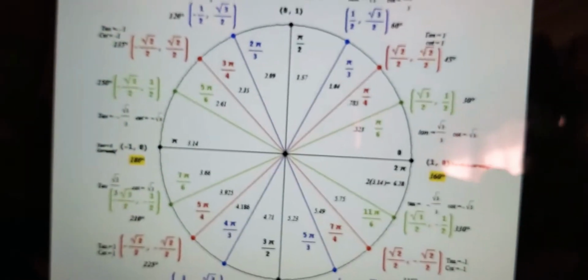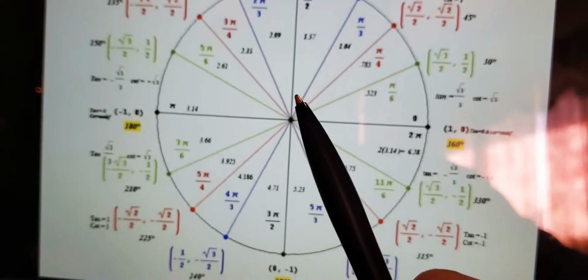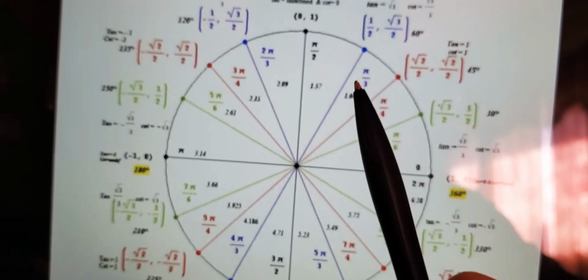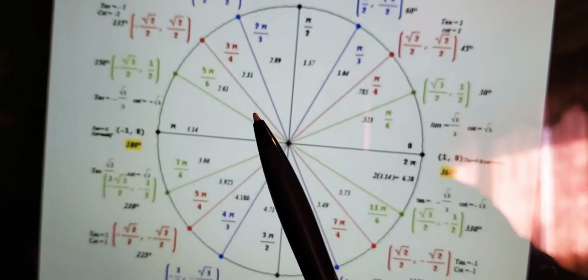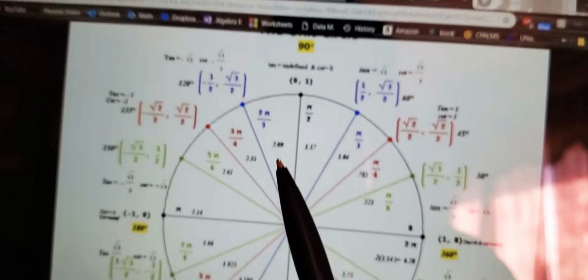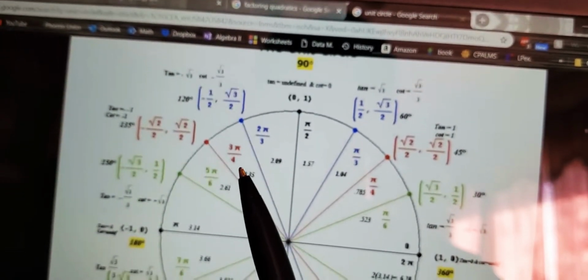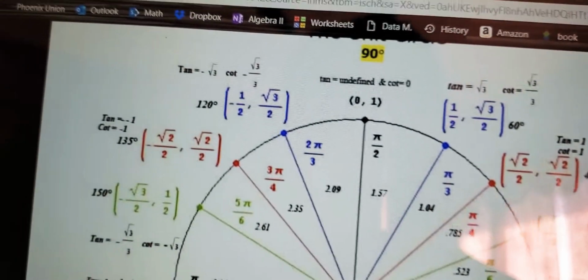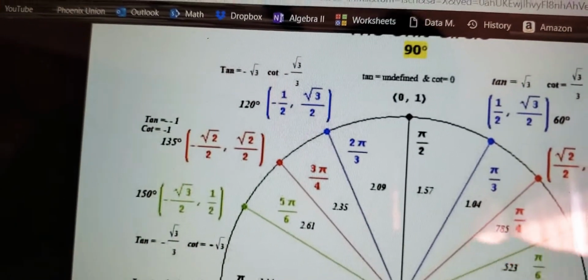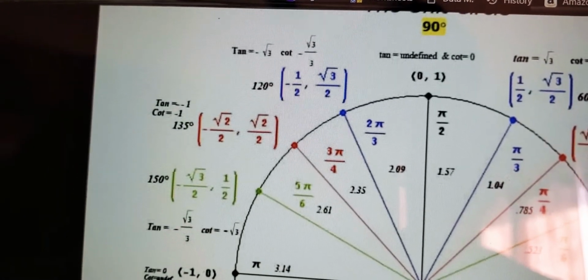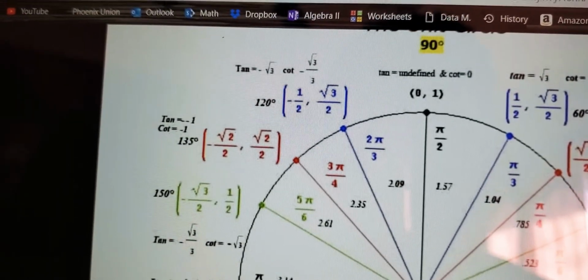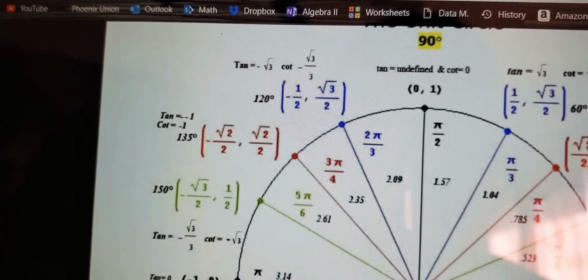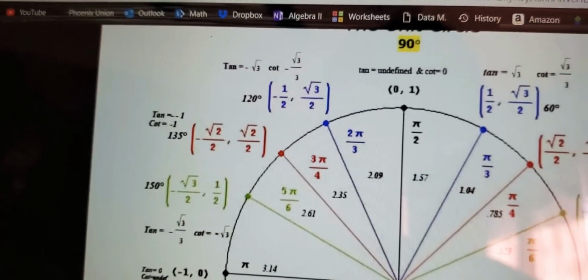So let's go to my unit circle and look for 3 pi over 4. And 3 pi over 4 is 1 pi over 4, 2 pi over 4, 3 pi over 4. There it is in red. For 3 pi over 4, I'm going to use both sine and cosine. I noticed that my cosine is negative root 2 over 2, and my sine is positive root 2 over 2.